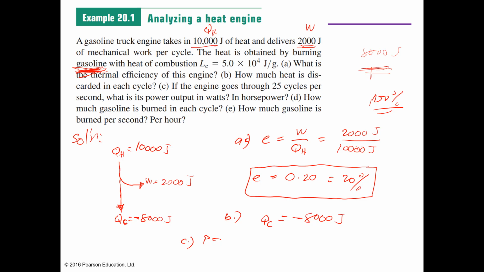So therefore power is equal to this, where we have work, which is equal to 2,000 joules per cycle. Okay? Every cycle does 2,000 joules of mechanical work, which is given. If you multiply this by 25 cycles per second, you will get the power, right?